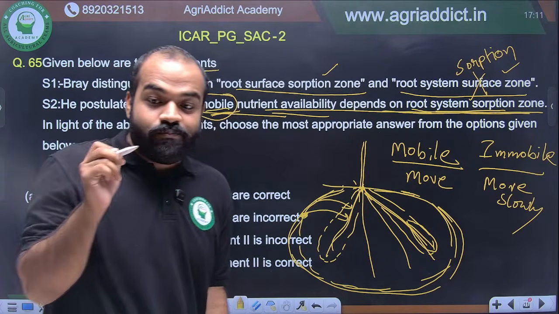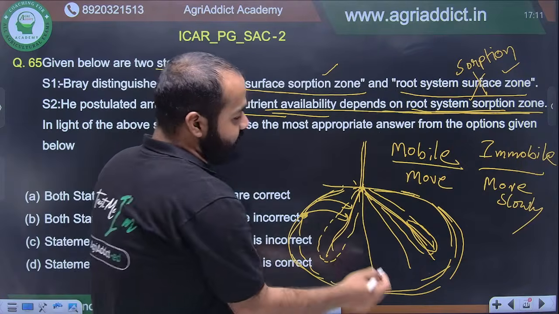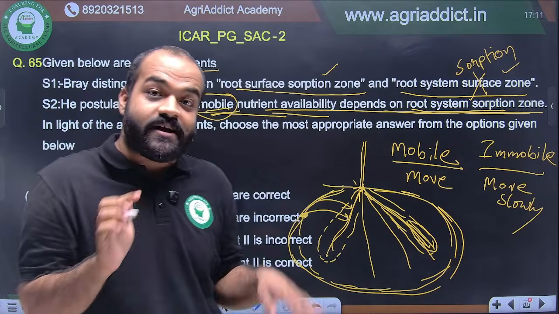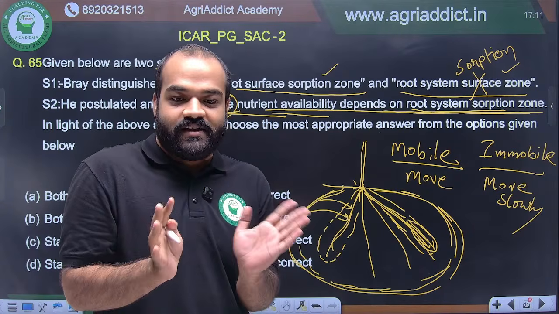If it was an immobile nutrient, it should have been in the surface sorption zone only, otherwise it will not be absorbed. Am I clear?